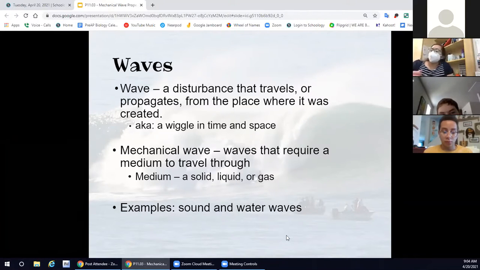If you're knocking on your desk, that's sound traveling through a solid. If you're swimming and screaming underwater, that's sound traveling through a liquid. And sound traveling through a gas, well, that's us talking right now in the air. Waves are traveling.